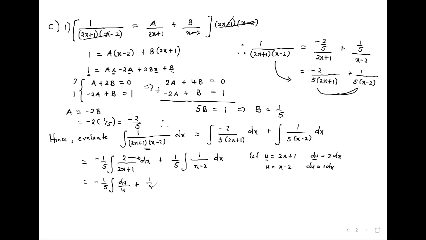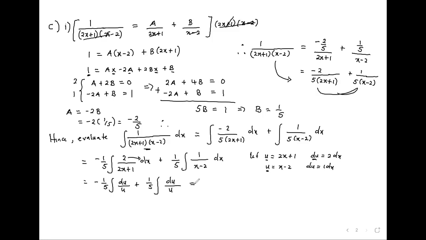So we have 1/5 integral of the 1 dx we are seeing there, which is the same as du over u, to take the place of x minus 2.